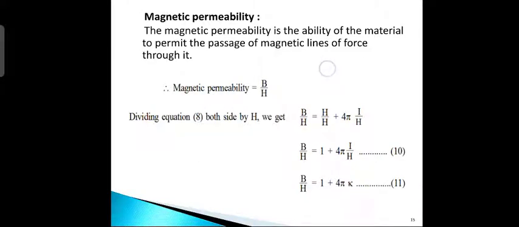Next is magnetic permeability. The magnetic permeability is the ability of the material to permit the passage of magnetic lines of force through it.